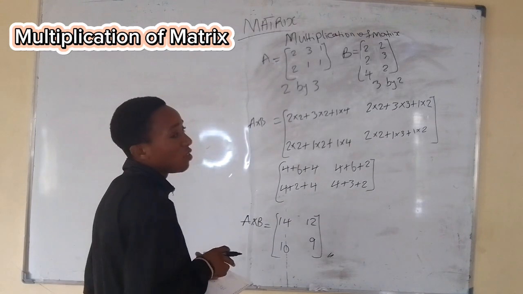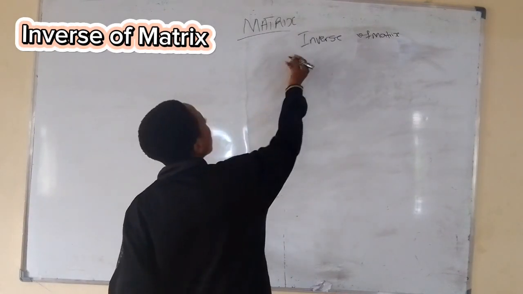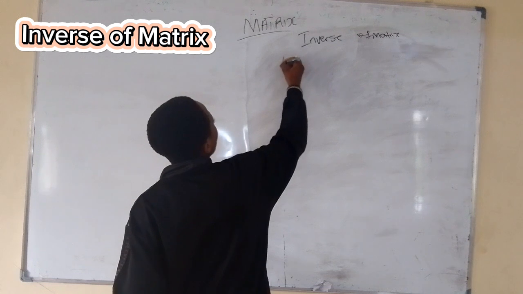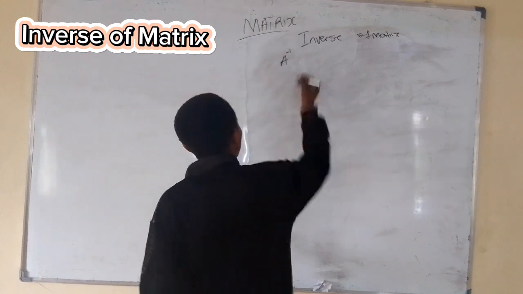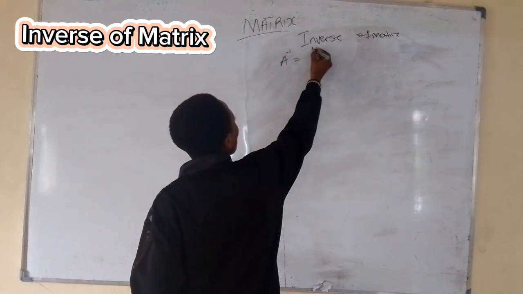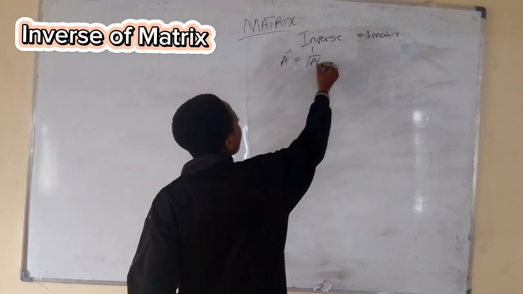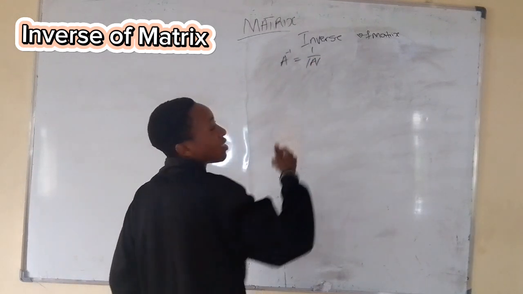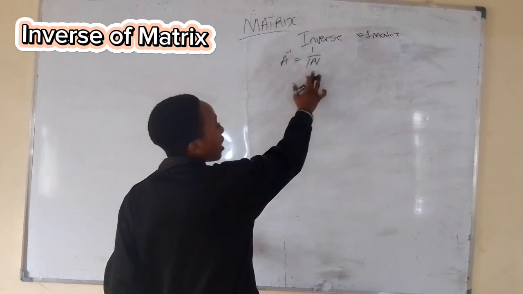Next, let's look into inverse. How to find the inverse of a matrix. The inverse of A is written as A to the power of minus 1. The formula is 1 over the determinant of A, where each element in the matrix is divided by your determinant.